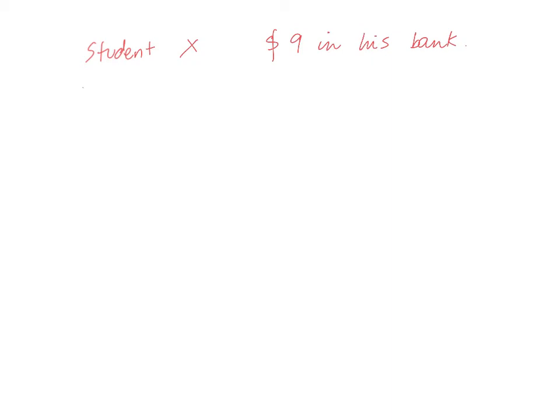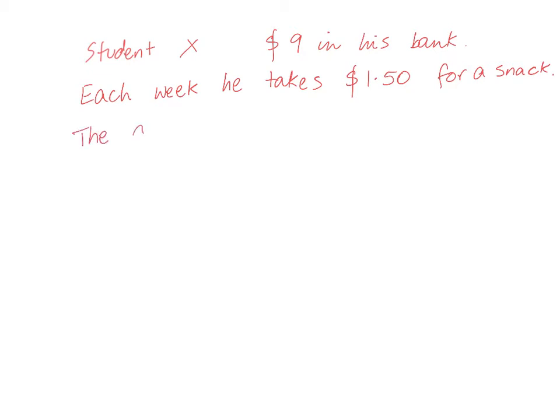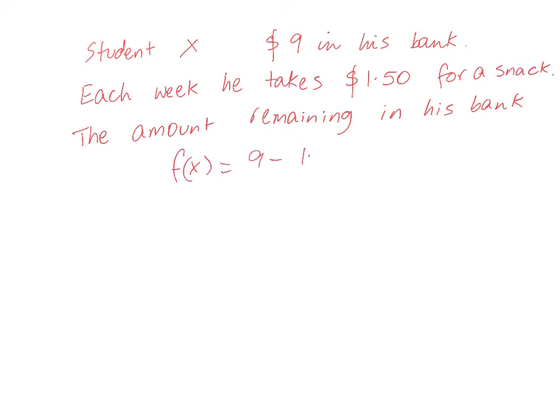Now each week, he takes $1.50 for a snack. Okay, so now the amount remaining in his bank is given by this function. f(x) is equal to 9 minus 1.5x.